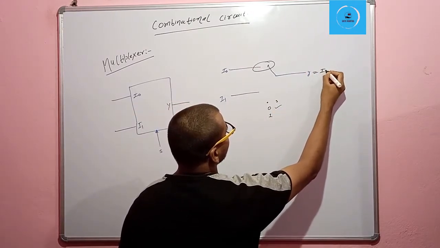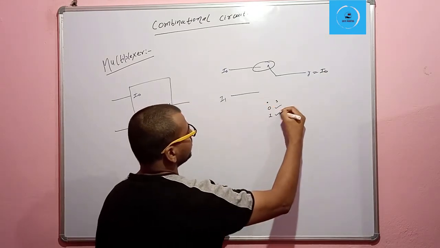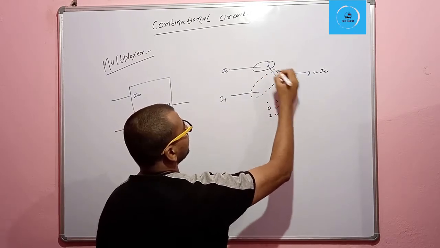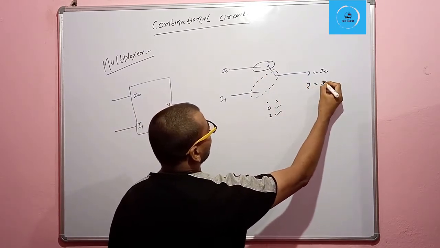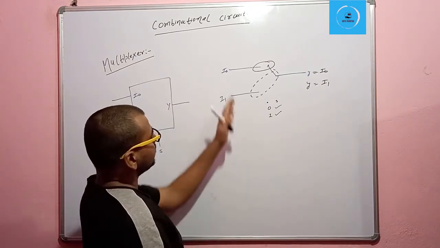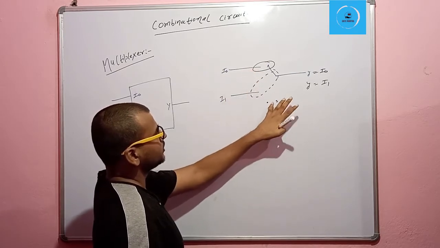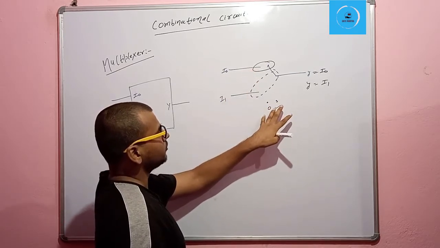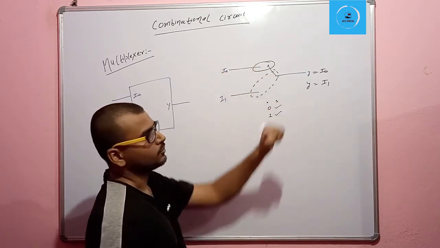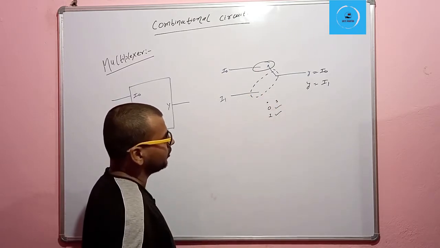When we press 1, this line is connected to I1, and the output will be I1. So this is a simple circuit that acts as a switch. When we press 0, the I0 line will connect to the output, and when we press 1, the I1 line will be connected to the output.